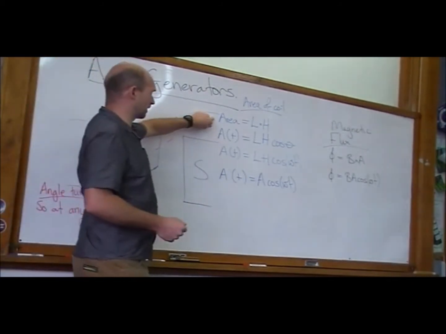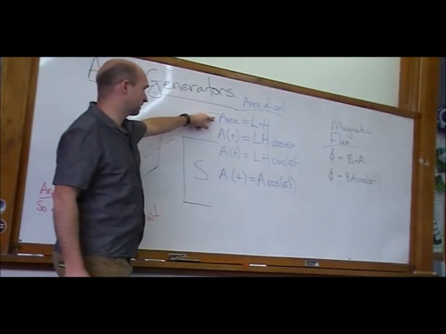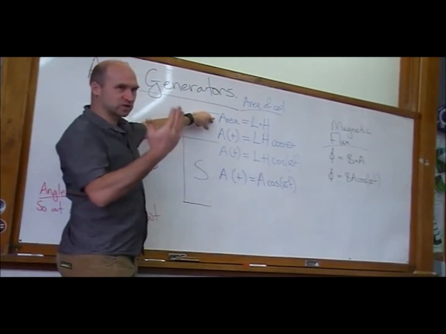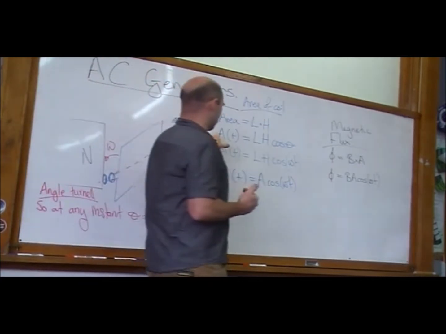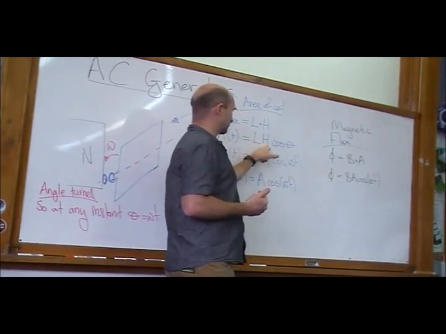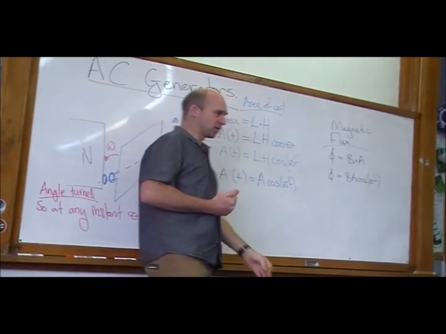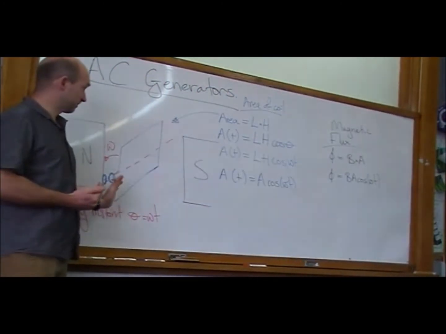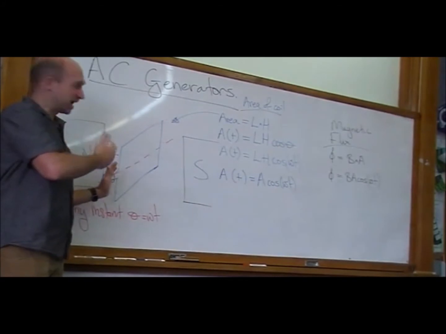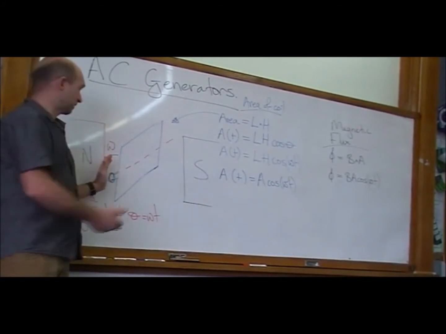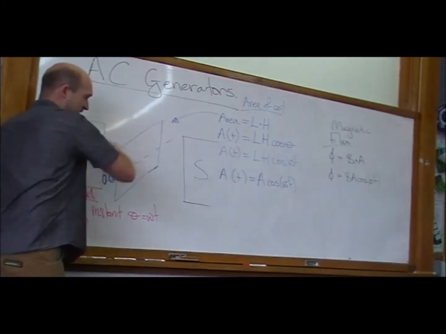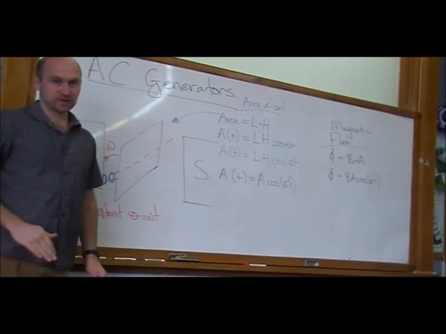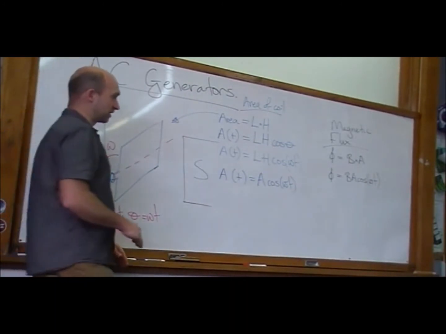The area of the coil is just the length times the height, and as we twist that coil, that area is going to be length times height times the cos of the angle. The cos of the angle at time 0 is maximum, and then as we rotate it, it's going to go initially down towards 0 at the instant when that coil is parallel to the field.